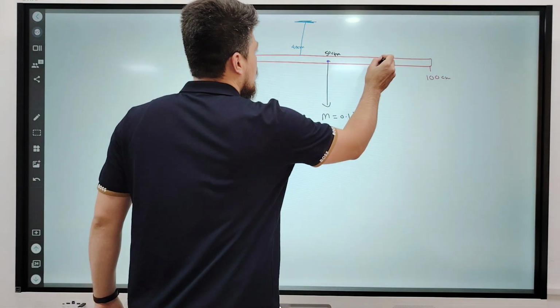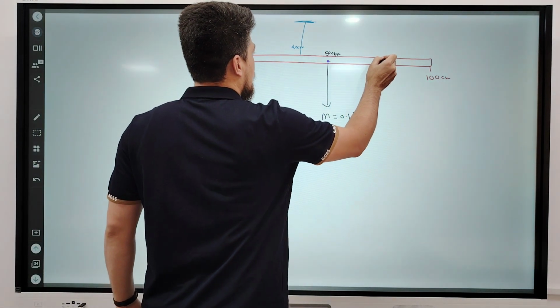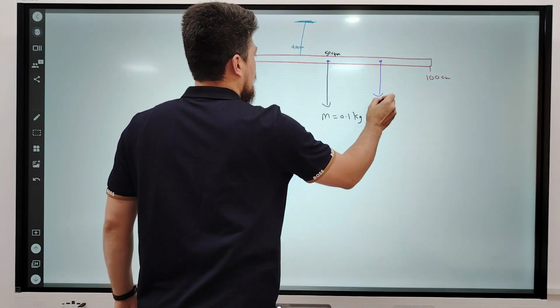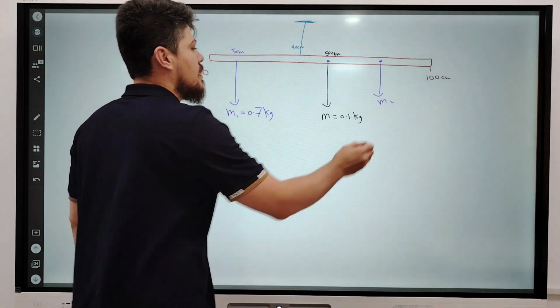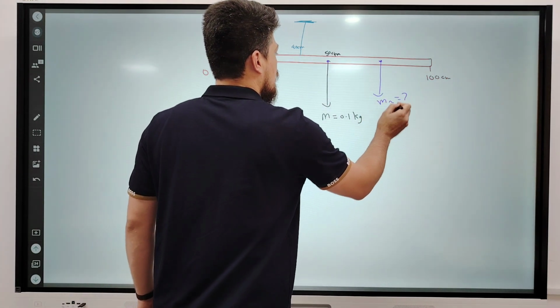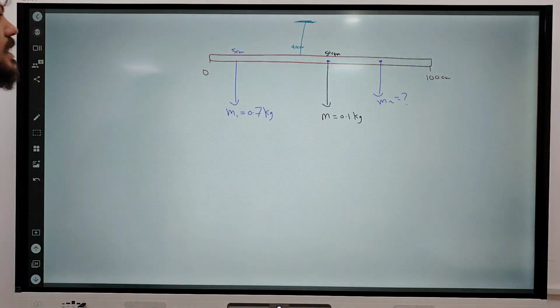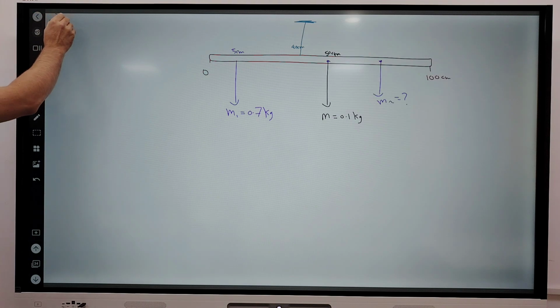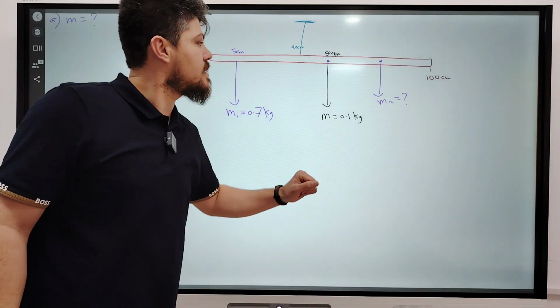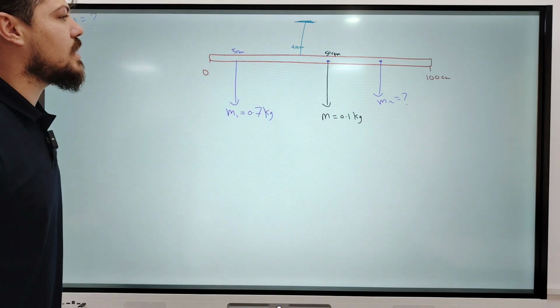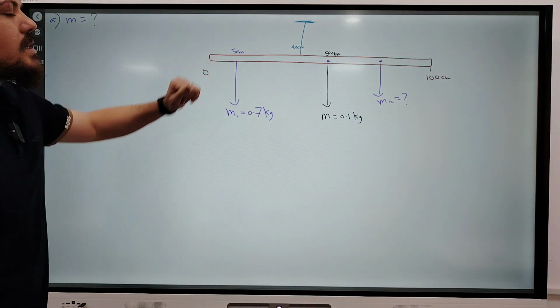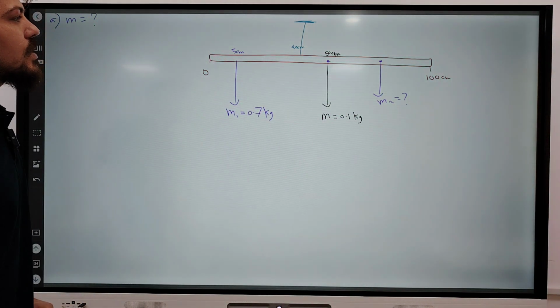That is why we have to suspend the second mass here, but the second mass is unknown. I don't know the value of this mass, so we have to find it, the mass that keeps the meter stick in translational and rotational equilibrium.